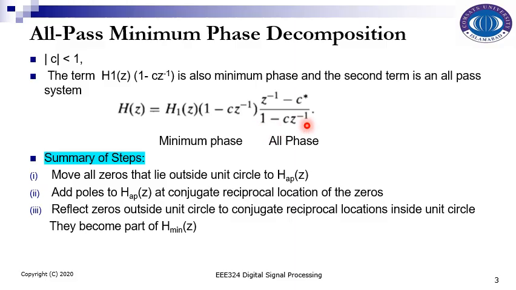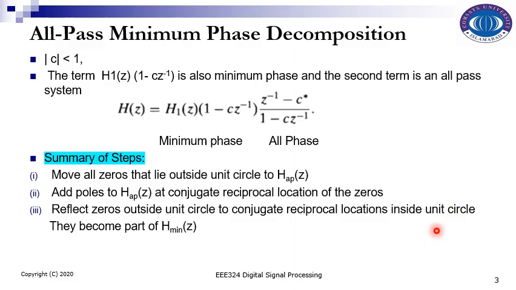So when we add these poles at C, we must also add zeros at C. And as we can see, C is the conjugate reciprocal location of the zero that we had moved to the all pass system. So we reflect our zeros outside the unit circle to the conjugate reciprocal locations inside the unit circle.